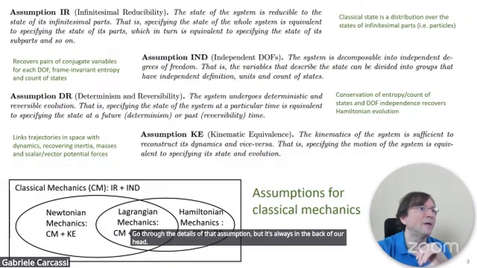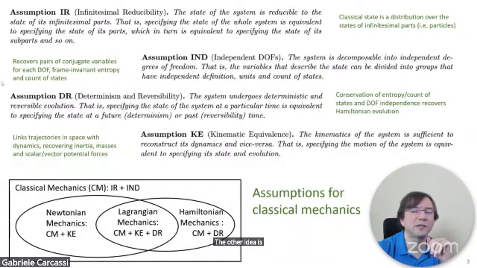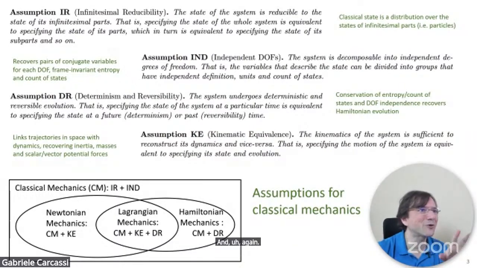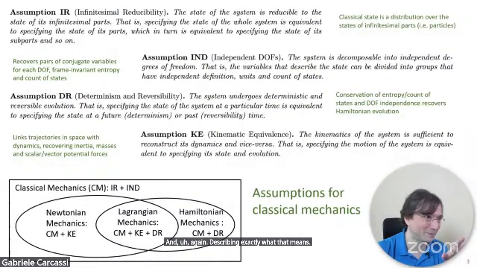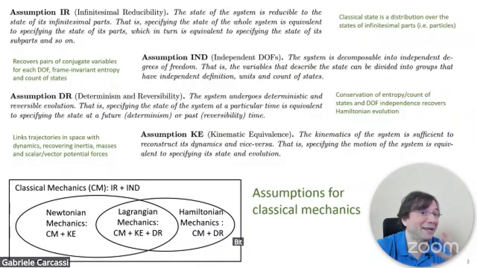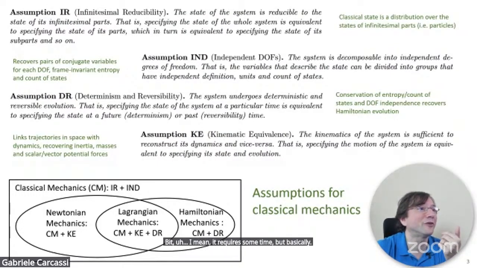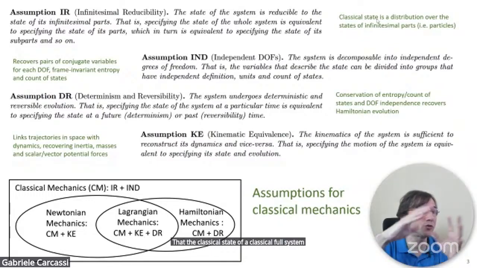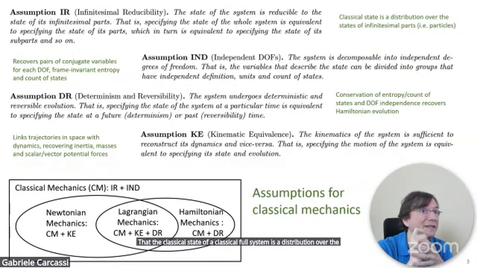The other idea is that the system is described by a series of independent degrees of freedom. And again, describing exactly what that means requires some time. But I should say that the assumption of infinitesimal reducibility basically tells us that the state of a classical full system is a distribution over the state of the infinitesimal parts.